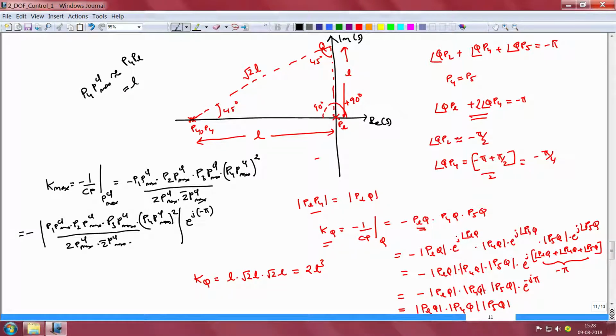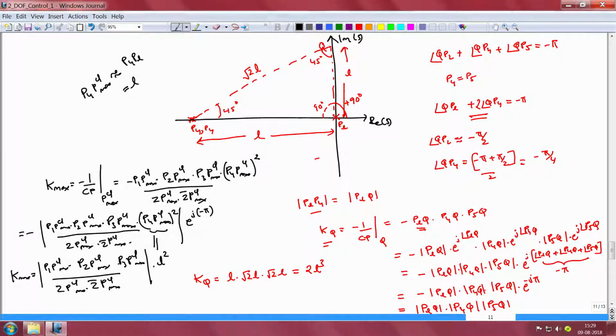And this distance from this figure here is equal to L. So therefore we would have that K max is equal to the magnitude of P1 PCL max times P2 PCL max times P3 PCL max divided by Z PCL max times Z bar PCL max times L square, because the term |P4 PCL max| squared is equal to L square.